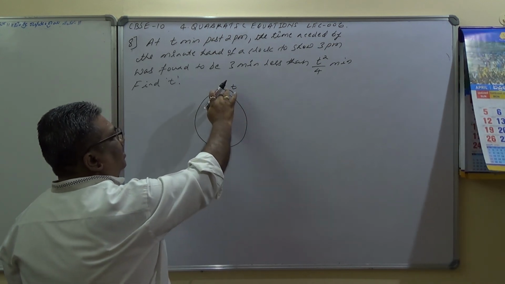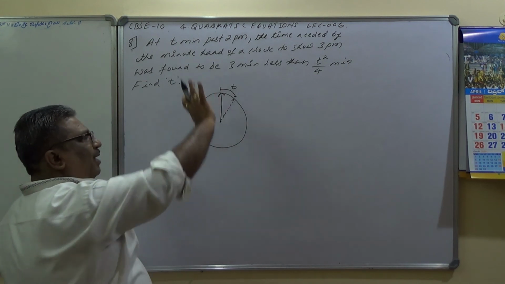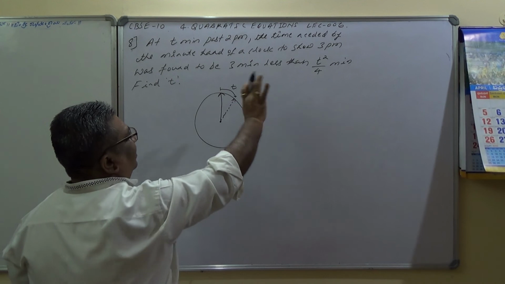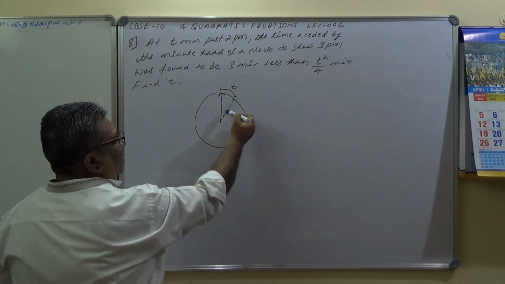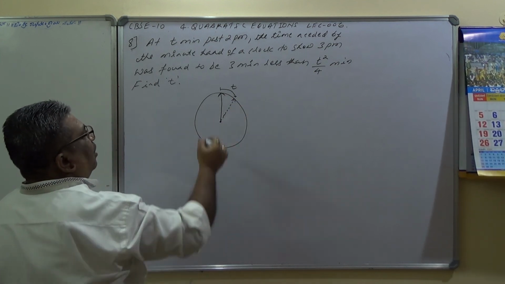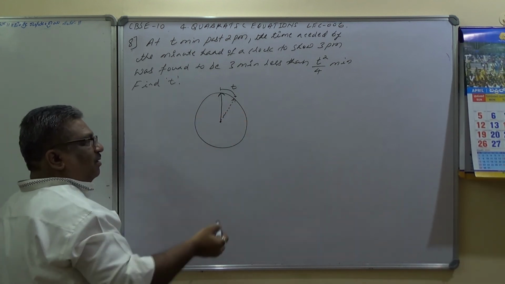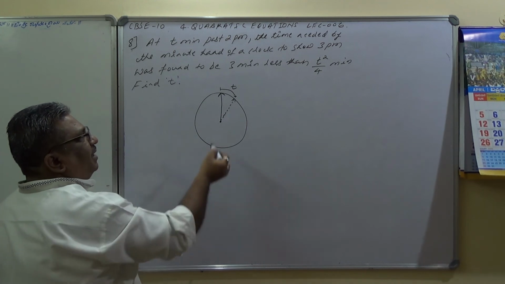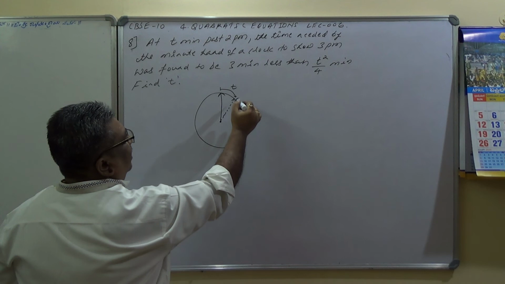The minute hand at 2 p.m. will be at 12, and at 3 p.m. once again it will be at 12. Isn't it? So between 2 p.m. and 3 p.m. how many minutes are there? 60 minutes. Now he says this is when the minute hand is t minutes past 2 p.m. Then for the minute hand to move to 3 o'clock, that means from here to here, that is equal to 3 minutes less than t square by 4 minutes.